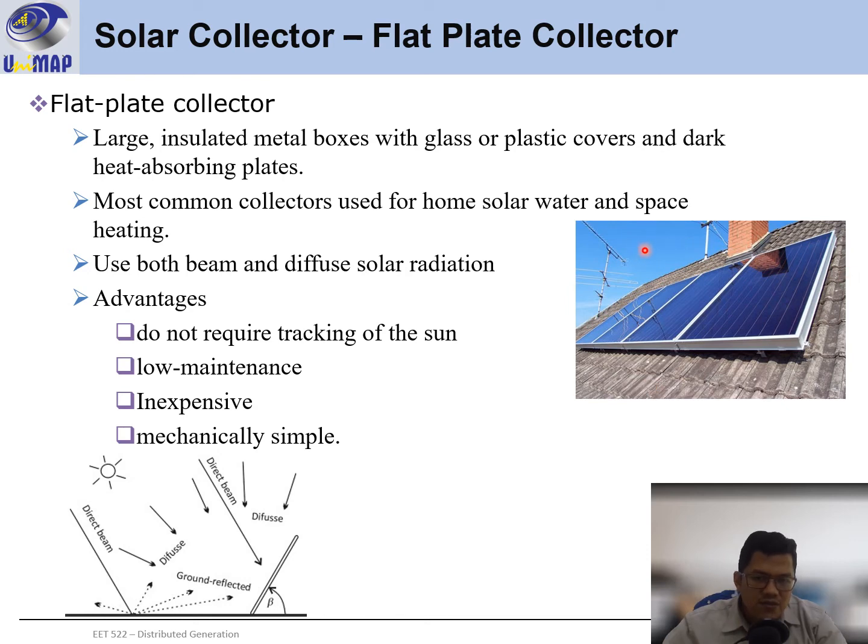Okay, the solar photovoltaic is the one that generates electricity directly, but the flat plate collector is usually used for heating. So it is the most common collector used for home solar water and space heating. And this collector can collect the direct beam and the diffuse solar radiation.